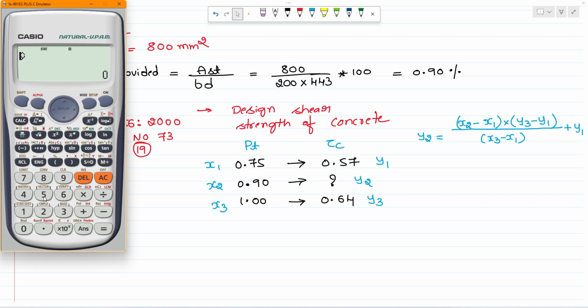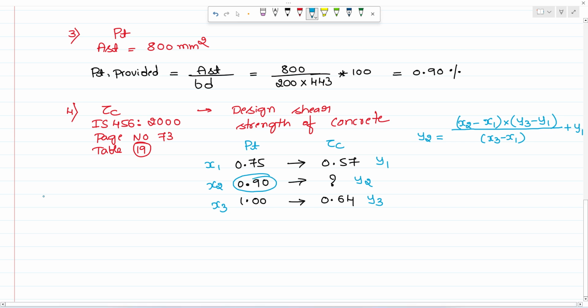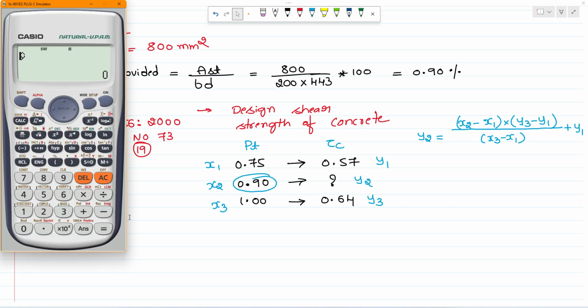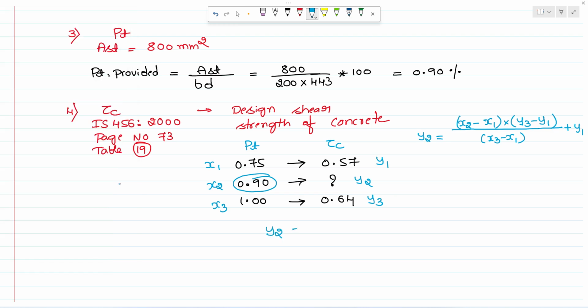You need tau c for this 0.90, so you type 0.90 equals. It will be 0.612. So your y2 will be 0.612.